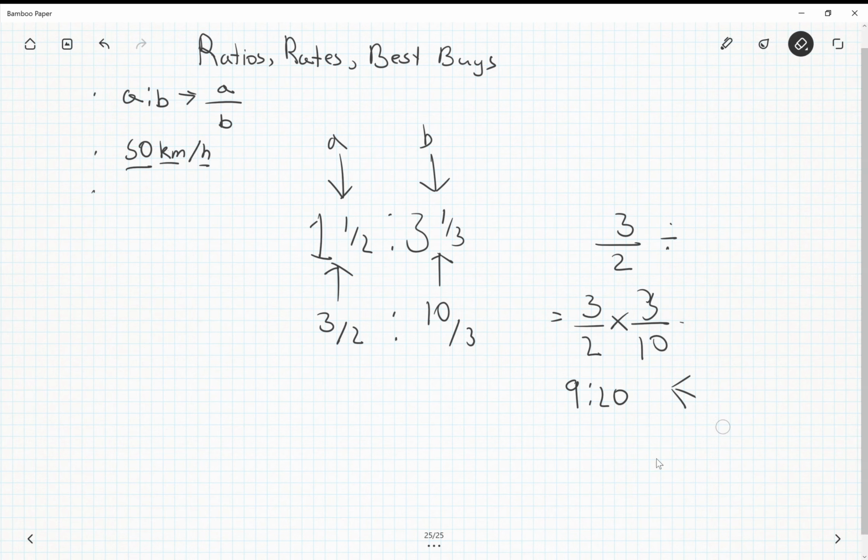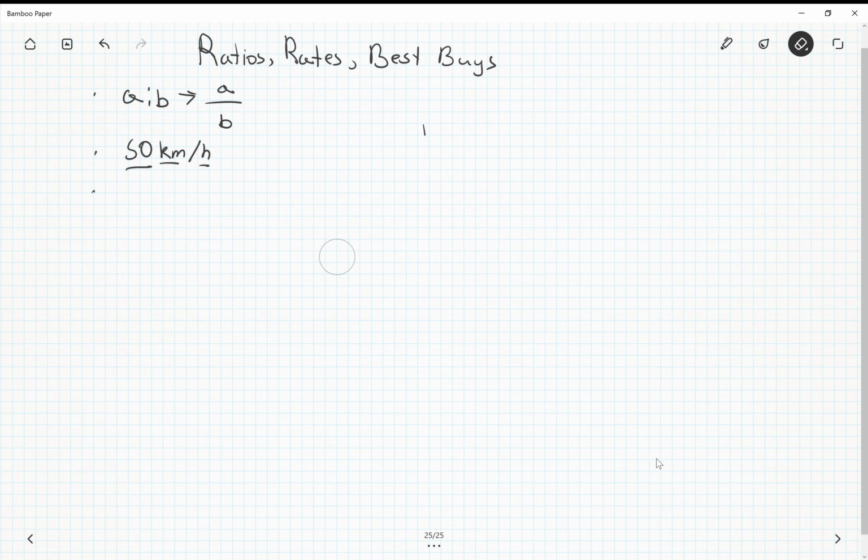So let's try another one of these fraction ratio questions. Let's do something like 2 and 1/4 to 1 and 2 fifths.